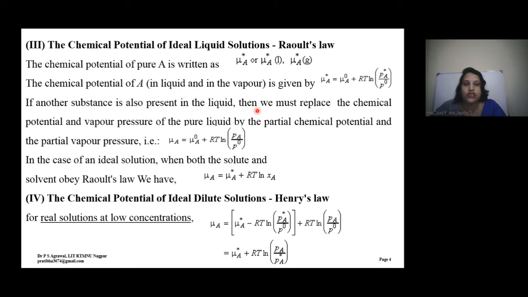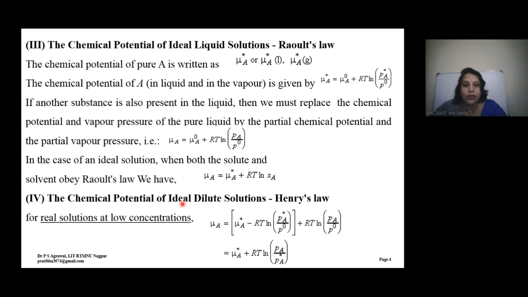The chemical potential of A will be given by these expressions. Suppose another substance is present, then Pa by Pa star. By combining these equations, because Pa upon Pa star is nothing but the mole fraction XA, we get the expression mu A is equal to mu A star plus RT ln XA.